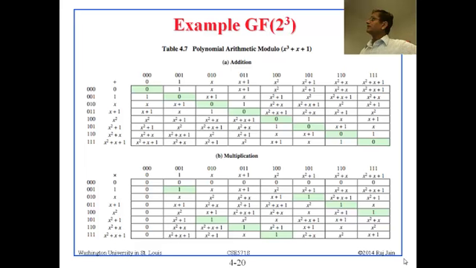Now this is an example here. This polynomial x cubed plus x plus 1 in Galois field 2 raised to 3 is irreducible. First of all, you can verify that you cannot factor it.